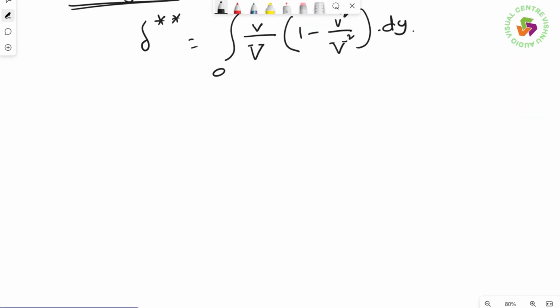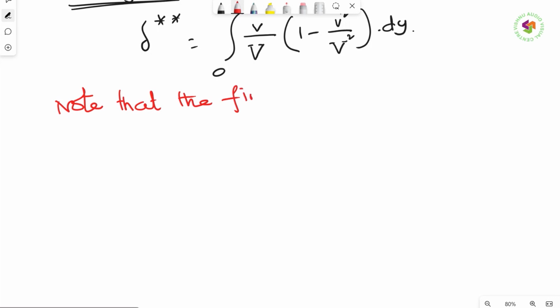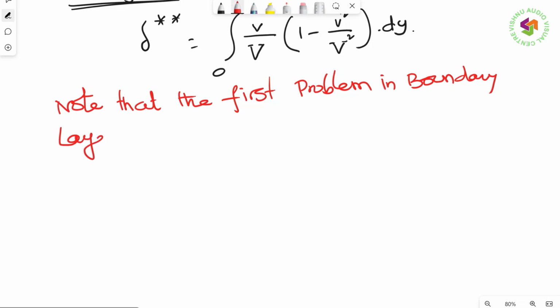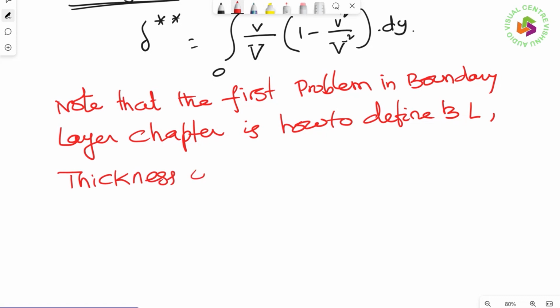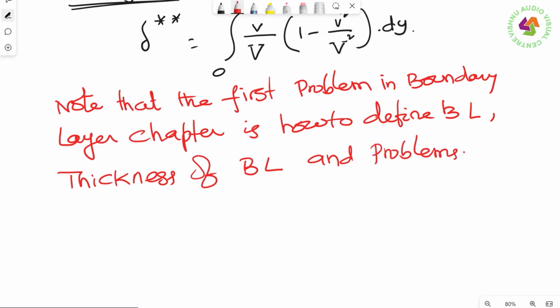So these are the four thicknesses that we have studied. So kindly note that the first problem in the boundary layer chapter is how to define the boundary layer, thickness of the boundary layer, and problem on boundary layer thickness.